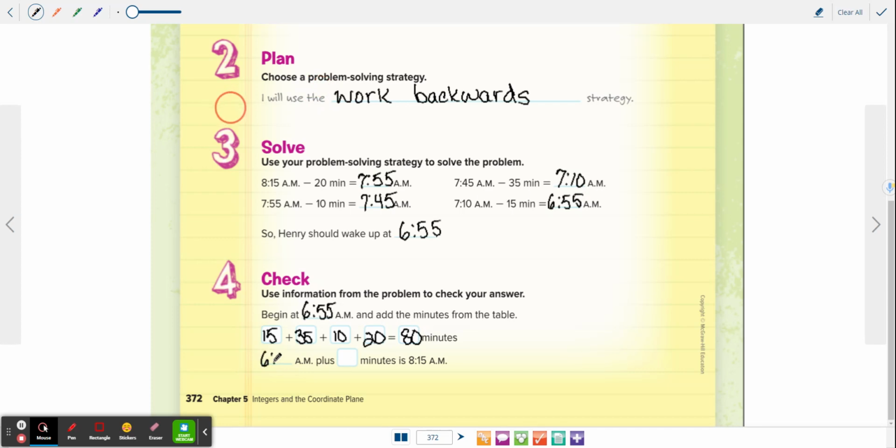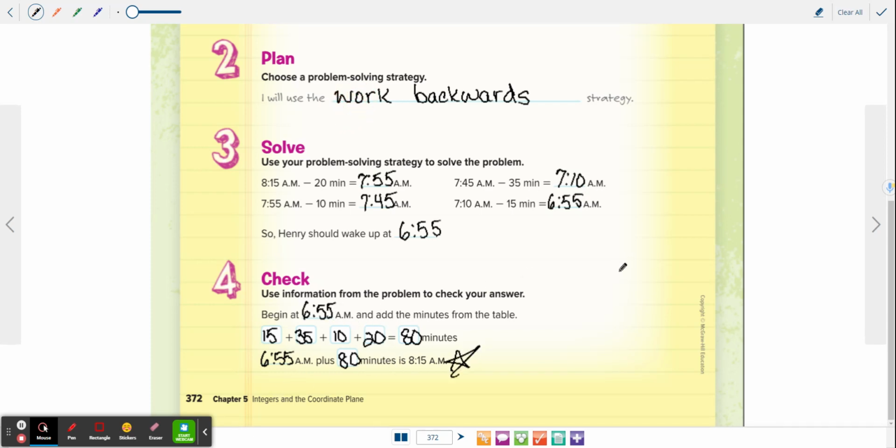So 6:55 a.m. plus 80 minutes. 60 minutes would be 7:55, plus 20 more minutes, 15 more minutes would be, okay, plus 5 more, 8:15. Yep, that's right. So that works.